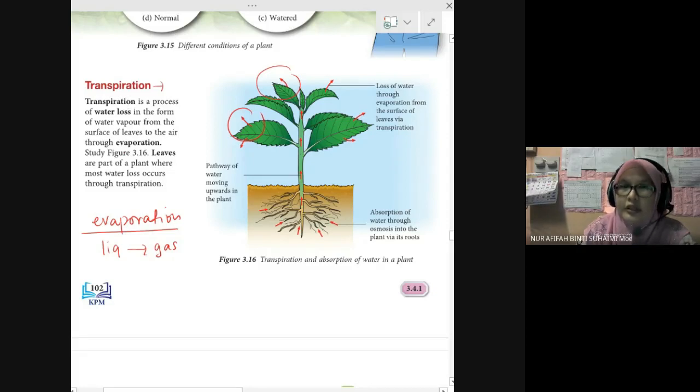Transpiration is the process of water loss in the form of water vapor through evaporation. So the leaf plays an important role, where most of the water loss occurs through transpiration.